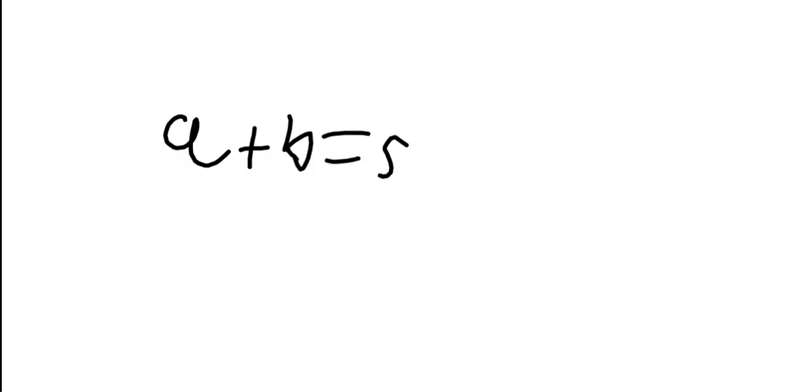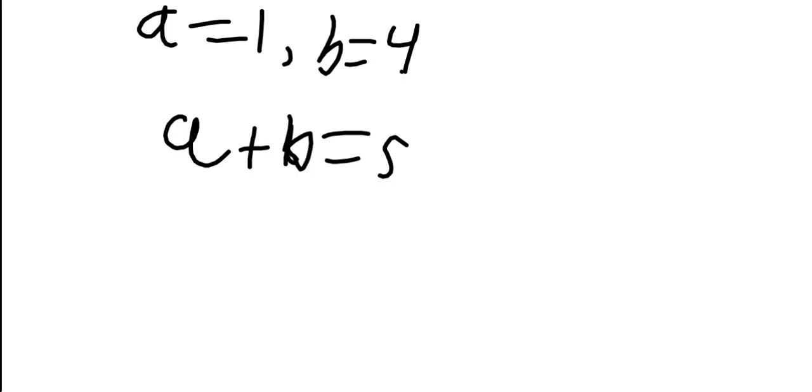So let's go over how to solve equations by substituting values. Let's take the equation a times b equals 5, where a equals 1 and b equals 4.